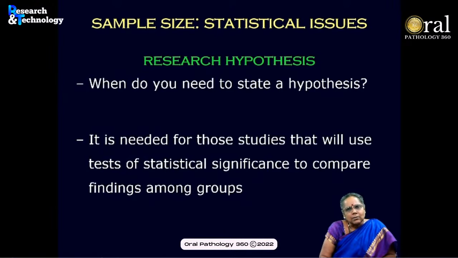So when do you need to state a hypothesis? You need to state it for those studies that will use tests of statistical significance to compare findings among groups. So you have your variables, you measure your variables, and then you subject your variables to a statistical test.